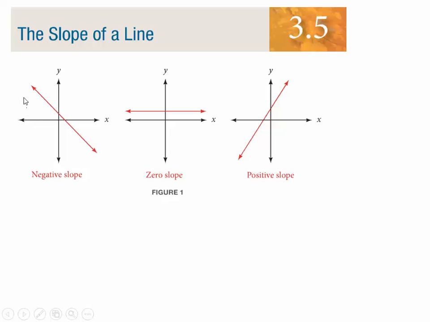The way we read this, we always read from left to right, just like you read a textbook, along the x-axis. So I should be going this way. And you notice this we call a negative slope. If you think about walking up a hill or down a hill, this would be walking down a hill. So negative slope. There's also a 0 slope, which means the line is not going up or down, so you're walking flat on the surface and your elevation is not changing. Positive slope means you're climbing the mountain, your elevation is going higher and higher.